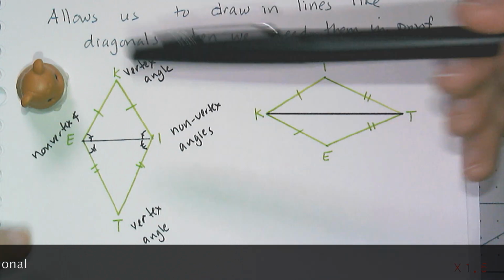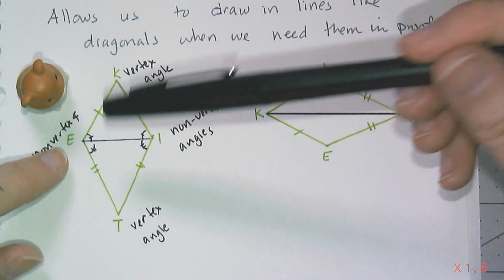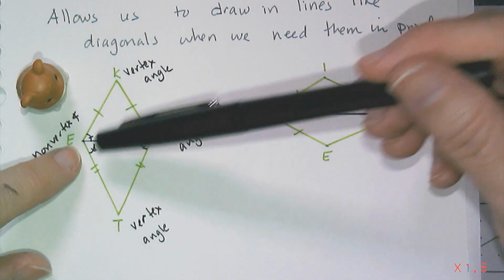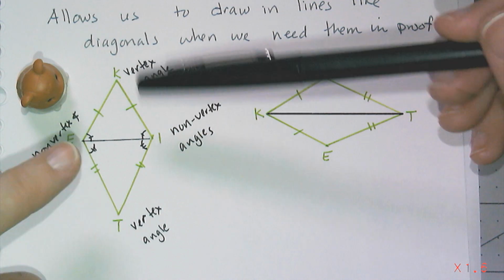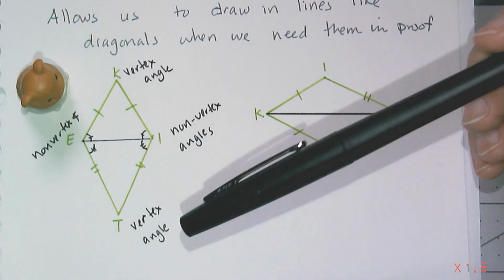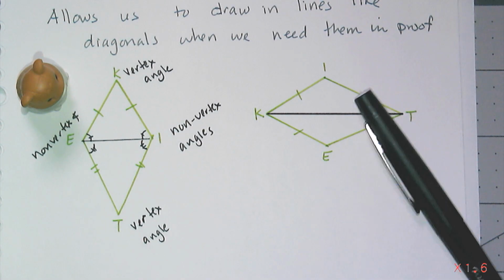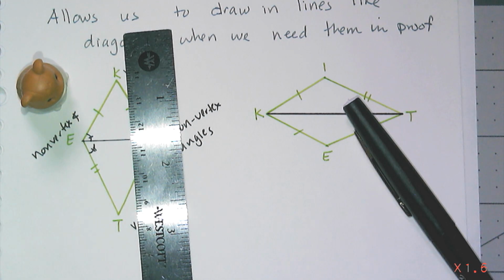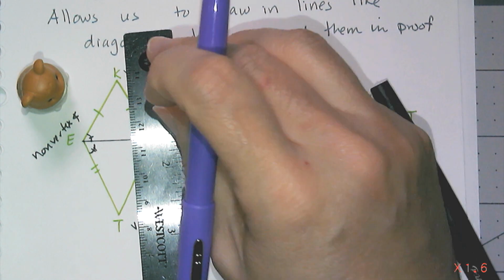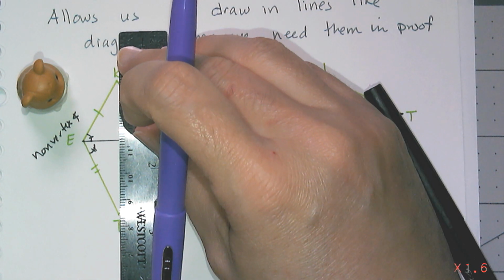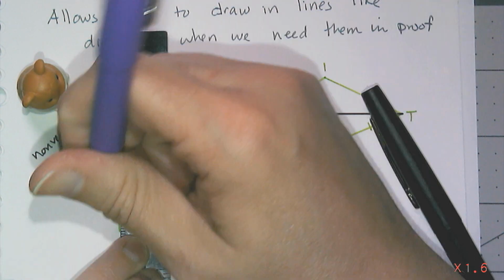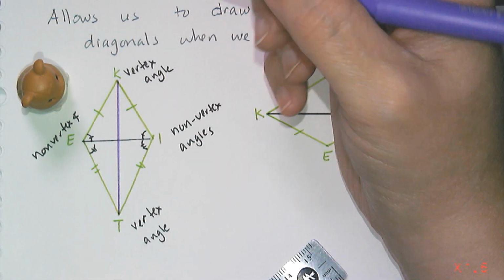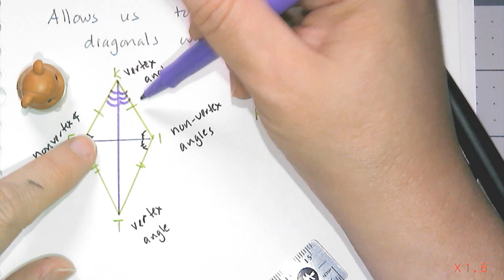So going back to what that diagonal gives me. That diagonal gives me the two isosceles triangles. Therefore, I know the base angles are congruent. And I also know something super special about isosceles triangles from our work with the points of concurrency, like the centroid and the orthocenter. Let's say I can construct the angle bisector for K, so those two angles are congruent.